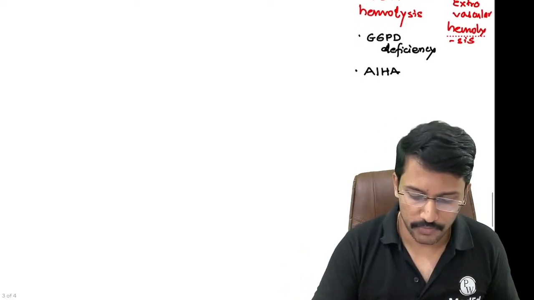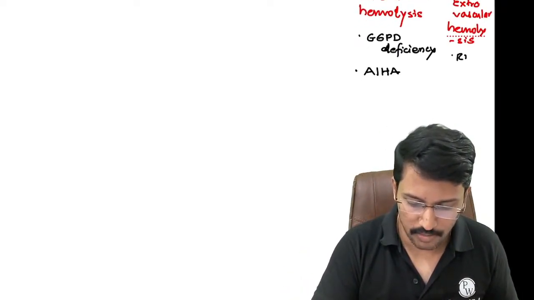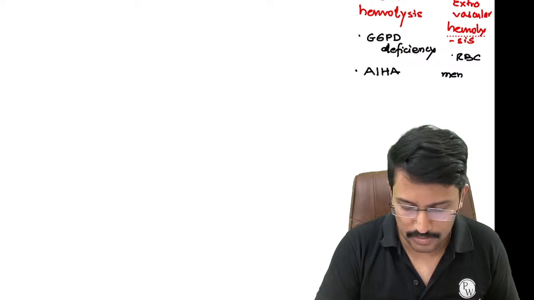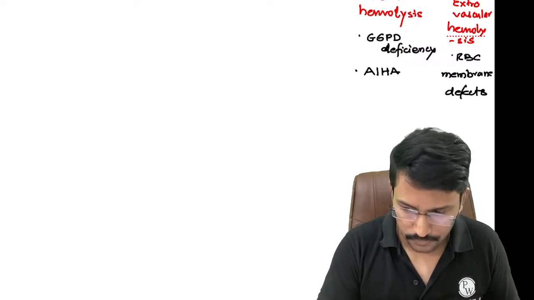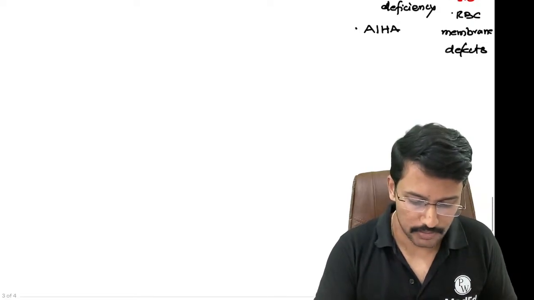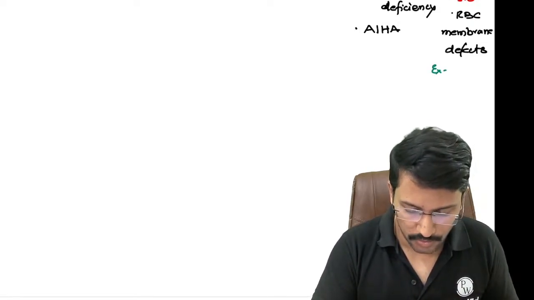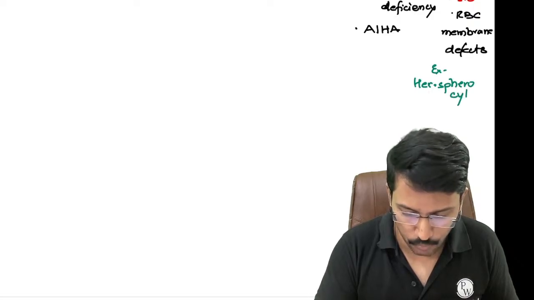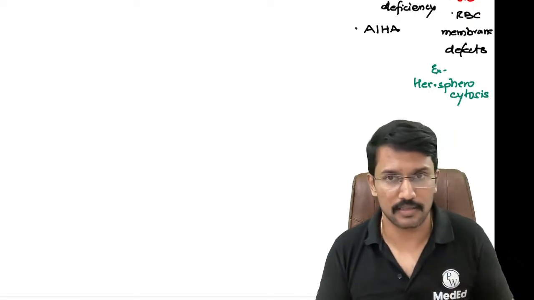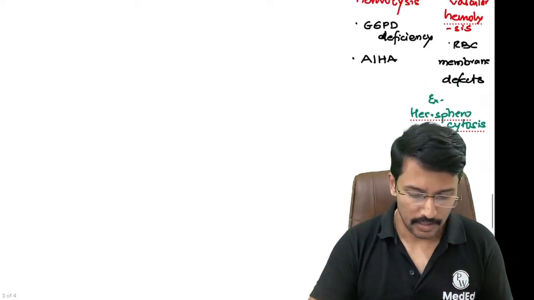So examples of extravascular hemolysis are RBC membrane defects. Can anybody give me examples of RBC membrane defects? Yes, hereditary spherocytosis and hereditary elliptocytosis are classical examples of RBC membrane defects.